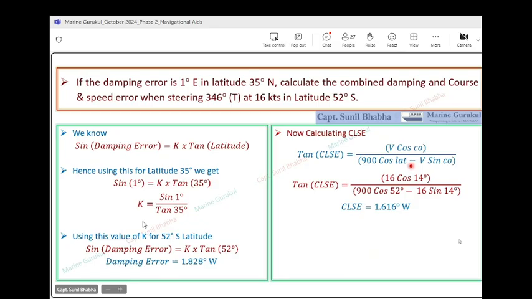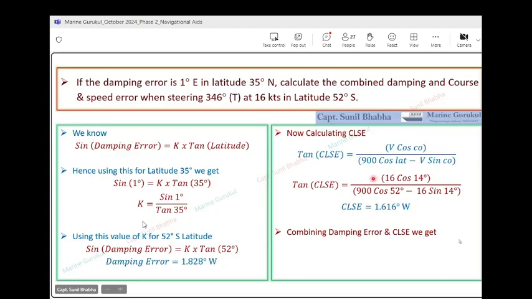And a negative sign is used when we have a westerly component in the course. That means the quadrantal course is either in the northwest quadrant or the southwest quadrant. Now in this case, the course is given as 346 degrees true, which is a northwesterly course. So we have a westerly component telling us that we will have a negative sign here in the denominator in the CLSE formula.